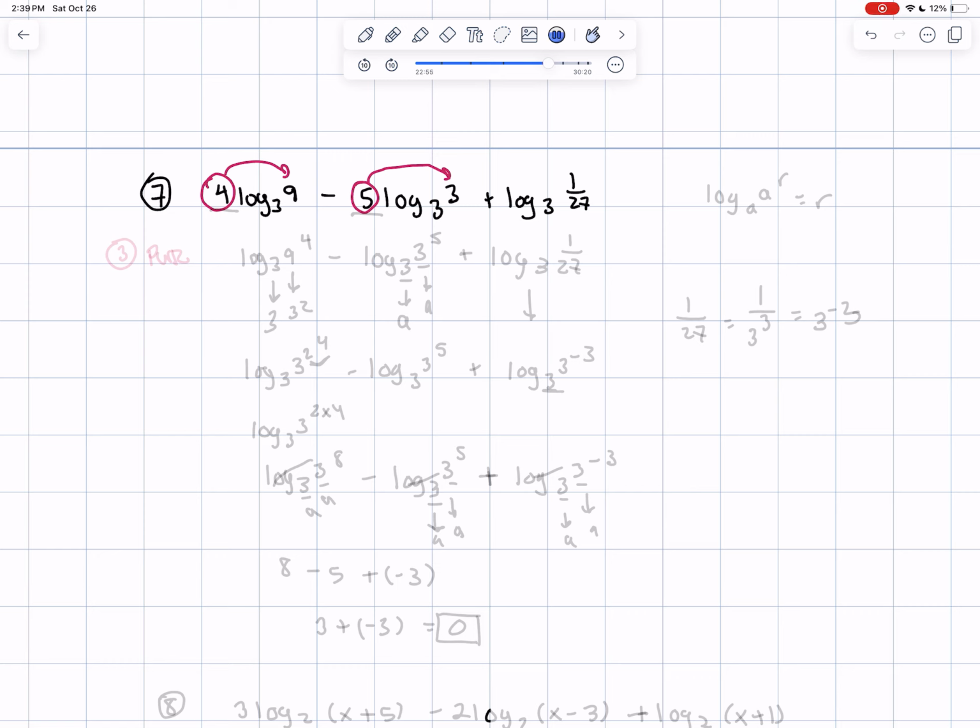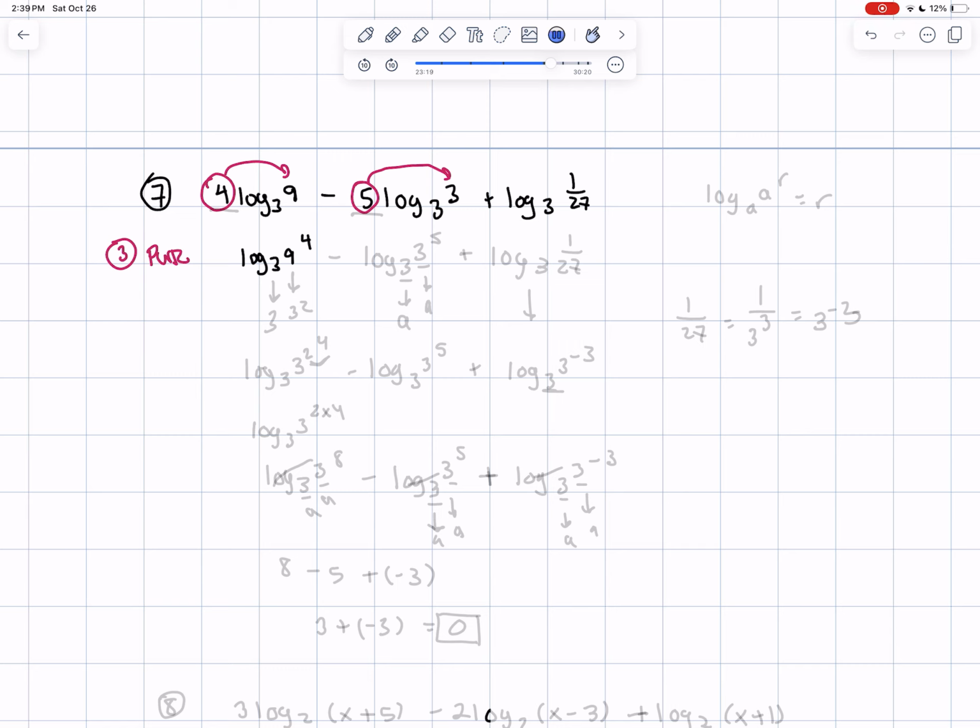So we want to use the power rule first. That's number 3. And so that will be written as log 3, 9, raised to the 4th.